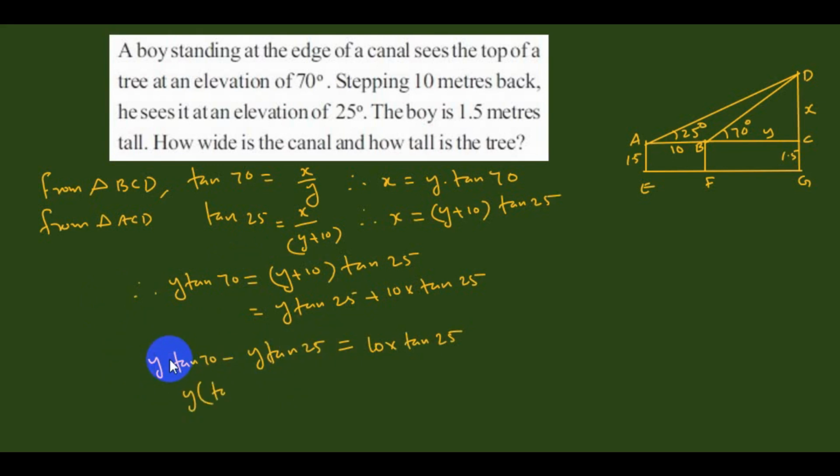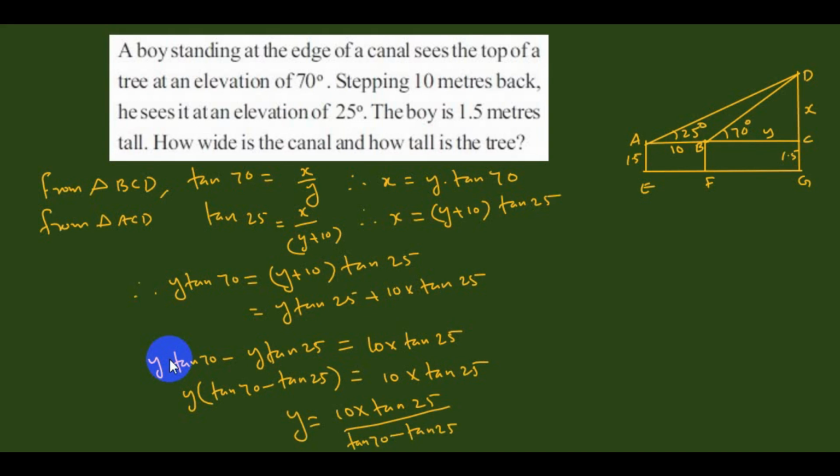Y into tan 70 minus tan 25 is equal to 10 into tan 25. Therefore y is equal to 10 into tan 25 divided by tan 70 minus tan 25.